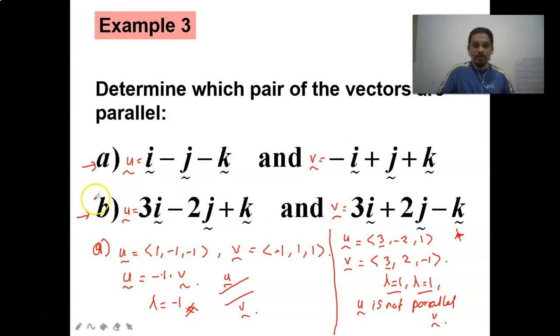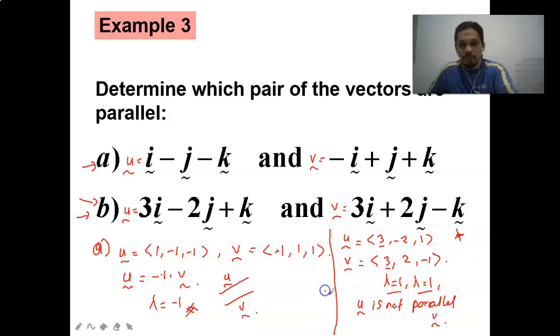And there's also an alternative method to prove that for question B, these two vectors, which are labeled as vector U and vector V, are not parallel.